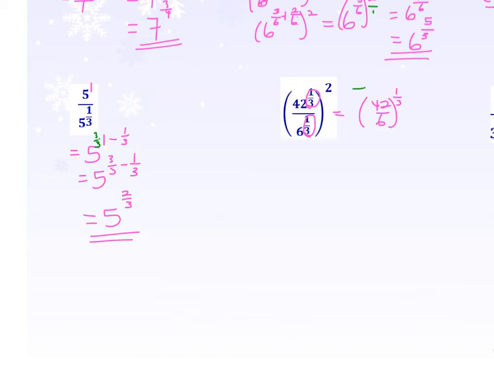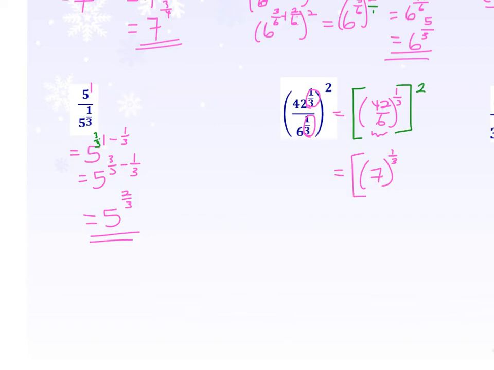But then we have to remember that the entire value is technically being squared. What makes this a unique problem to solve is now the inside has no exponents to worry about. We can actually divide 42 by 6, and it's a whole number answer. We get 7 to the 1/3 power.